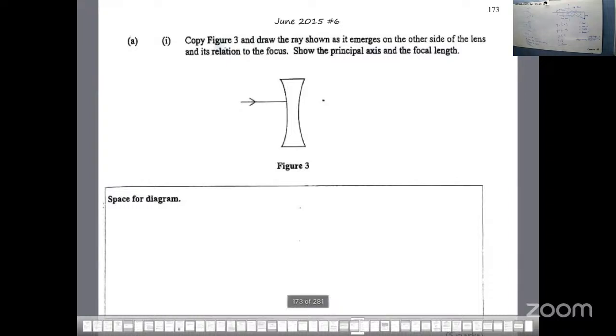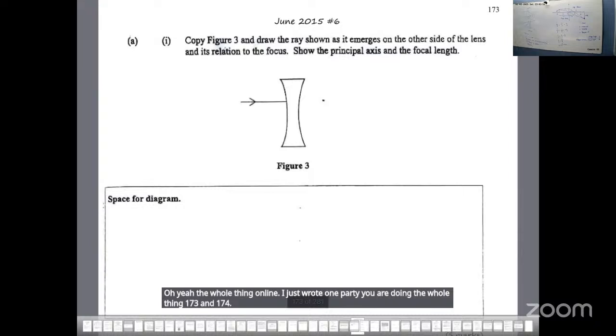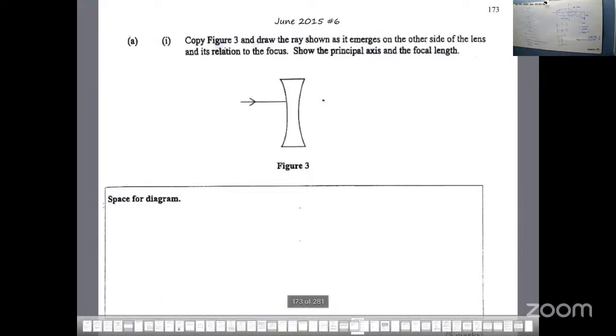I'm just showing one part there. You are doing the whole thing, 173 and 174. Any questions?